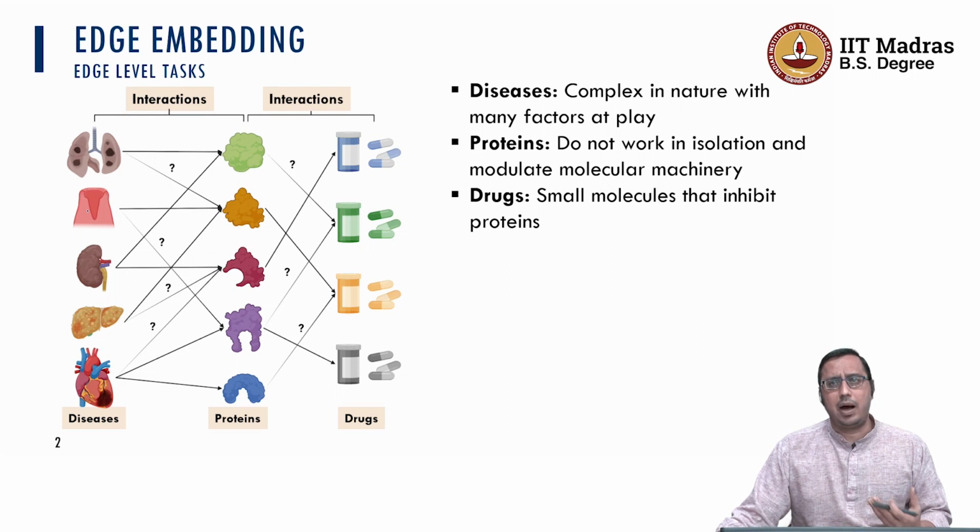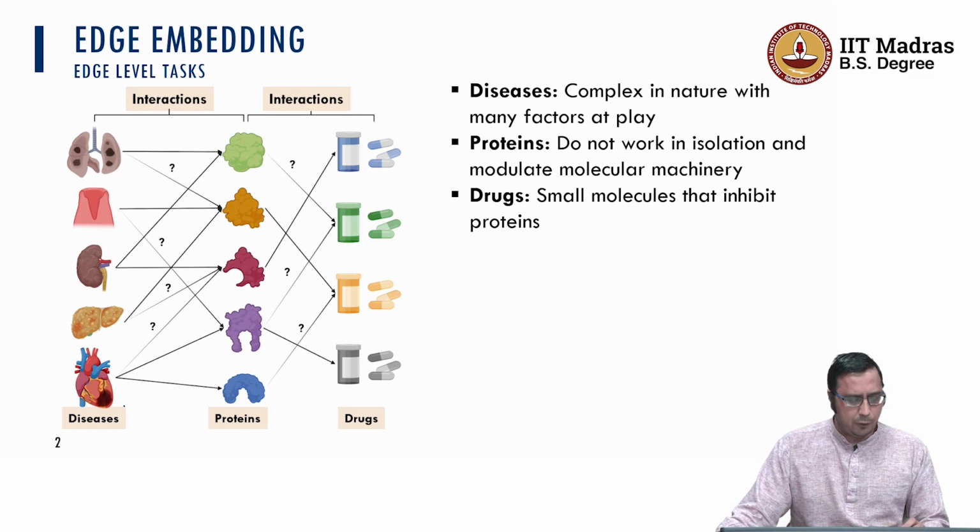Some kind of malregulation in these protein-protein interactions can create diseases. Here, what we are trying to see is that there is a possibility that a particular protein malfunction can create a certain disease in certain organs.